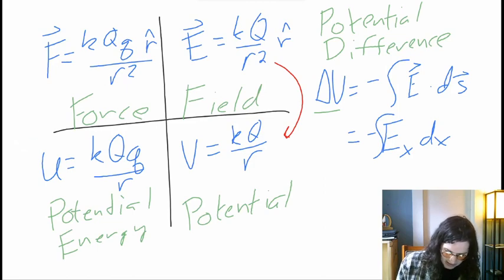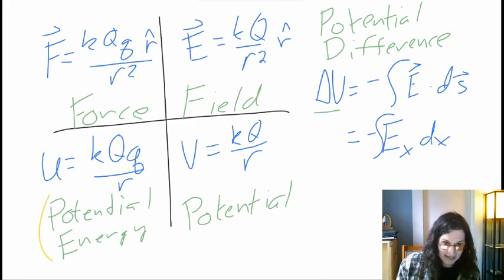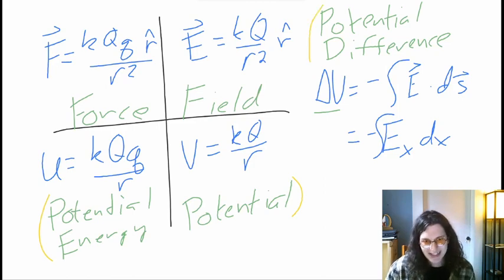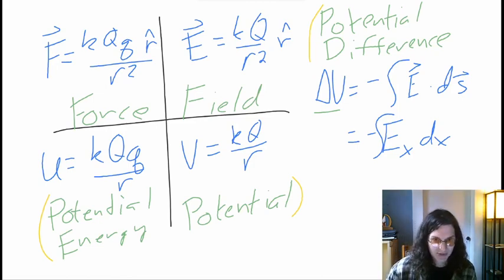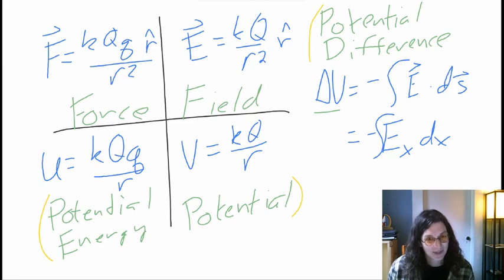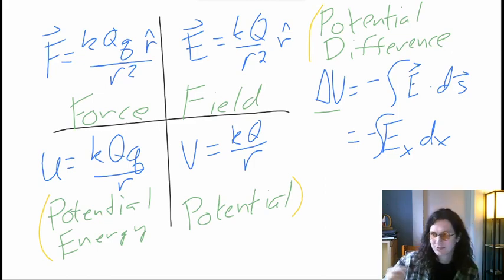We have the potential energy right here. We have the potential, which is just V, and then we also have the potential difference, which is delta V, the change in the potential. And it's actually a difference between the potentials at two different points. So step one is to make sure we keep those three different names separate, and their respective definitions, based on what the problem is asking us to calculate.